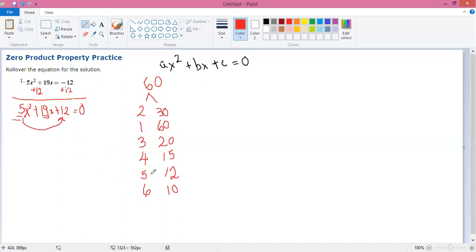So you're looking for 2 factors that will add to give you 19x. It's either add or subtract, but because all of these are positive, and because the 12 is positive, we know that it's going to be add to give us 19. So which one of those adds to give us 19?